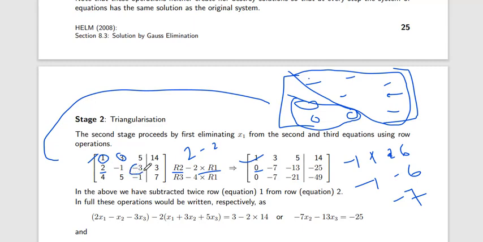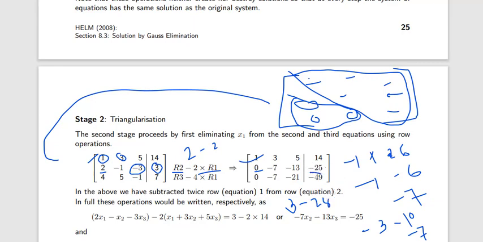Then minus 3 minus 2 into 5, which is 10, so minus 3 minus 10, we get minus 7. Also 3 minus 14 into 2, 28, is equal to minus 25.